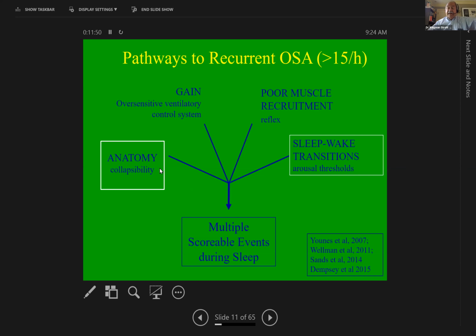So the pathways that we talked about last week is you have this anatomy, collapsibility, and if you don't collapse, you don't have an obstructive apnea. But then you have this gain, poor muscle recruitment, and sleep-wake transitions. And this goes back a long period of time, even before the original Eunice et al. 2007 to when I was here in the 1980s.